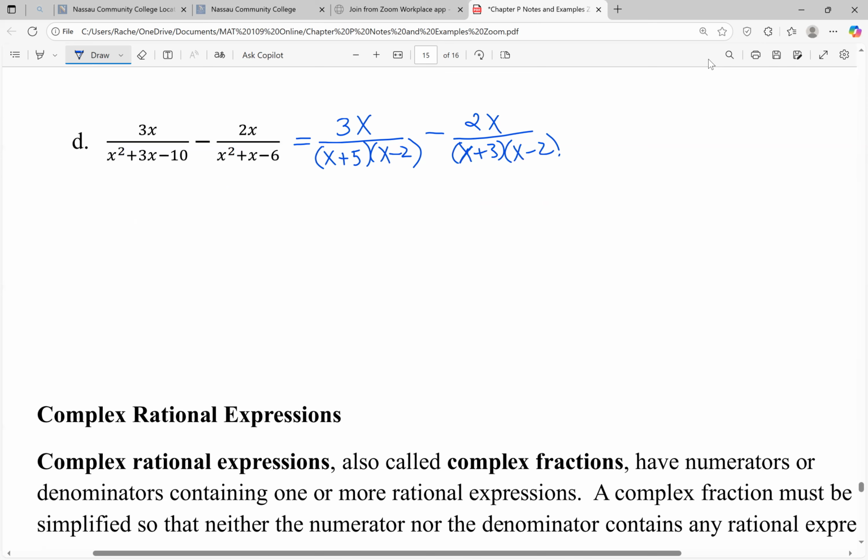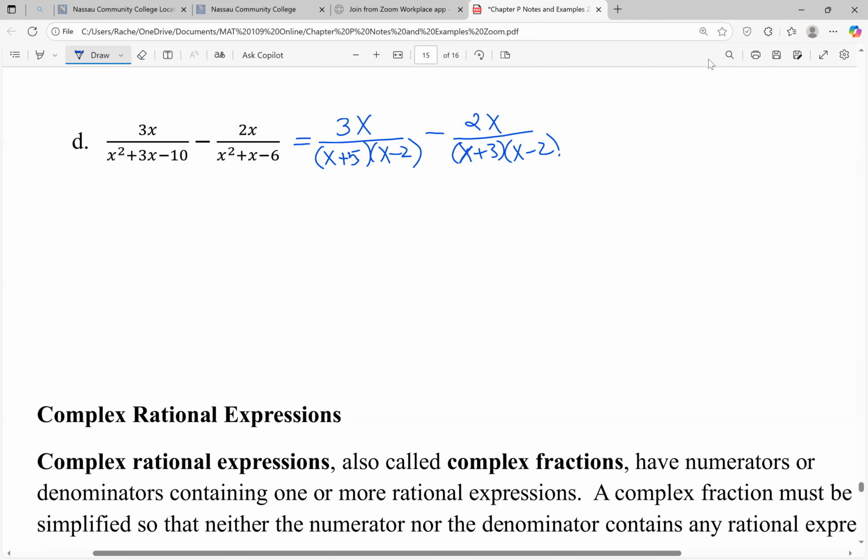So remember what we've been doing for all these previous questions. In order to get the least common denominator, form a denominator using the different factors of our two denominators that we have, right? So what I mean by that is, look, the denominator on the left has two factors, x plus 5 and x minus 2.